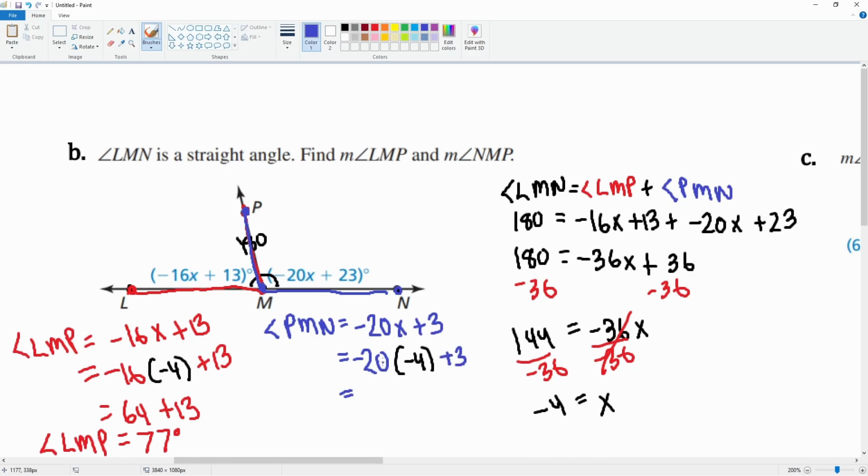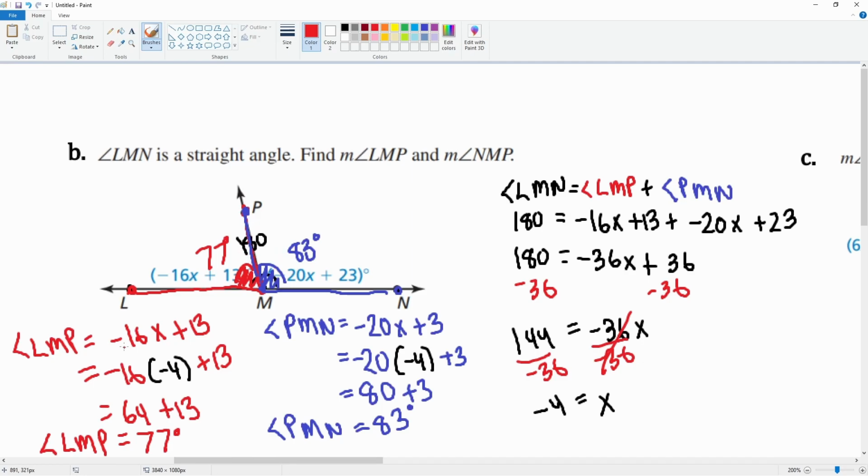We do negative 20 times negative 4, which gets us a positive 80, plus 3. This gets us 83 for angle PMN. And this angle is 77 degrees. If you add those together, that gets us, no, this is wrong. That adds up to 160.